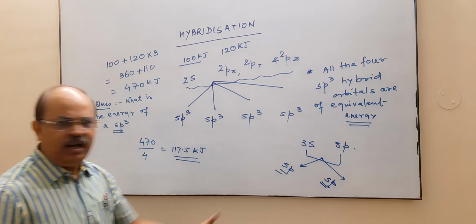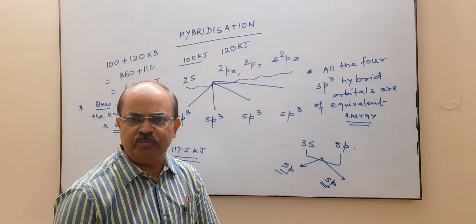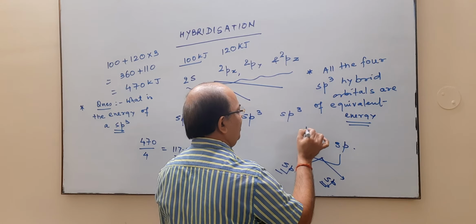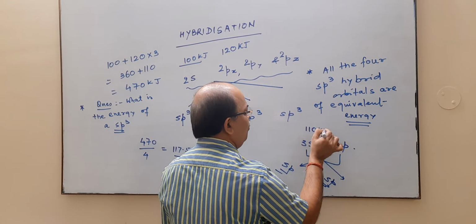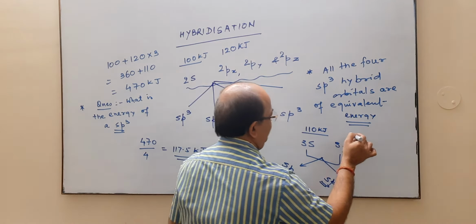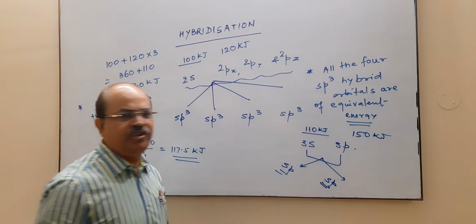Similarly, let us suppose in this case, when the hybridization is sp, pure 3s orbital has an energy equal to 110 kilojoule, and a pure 3p has an energy equal to 150 kilojoule.